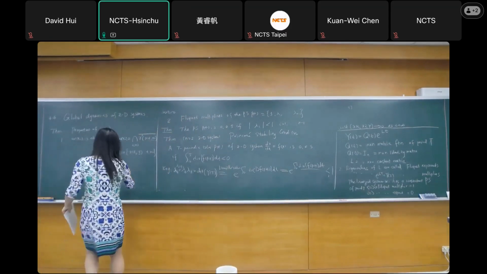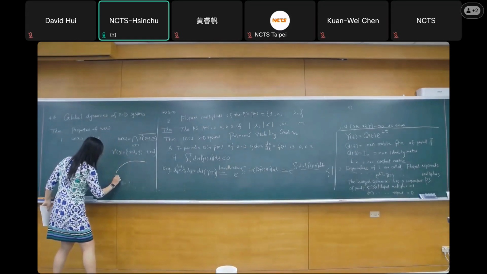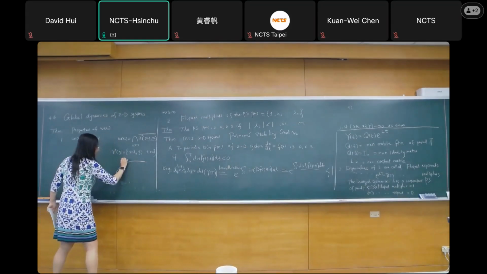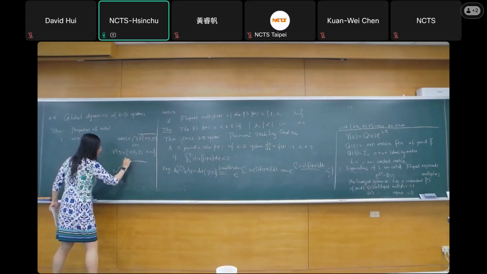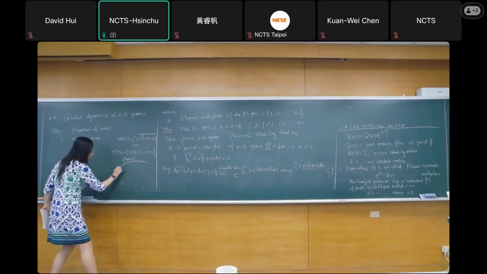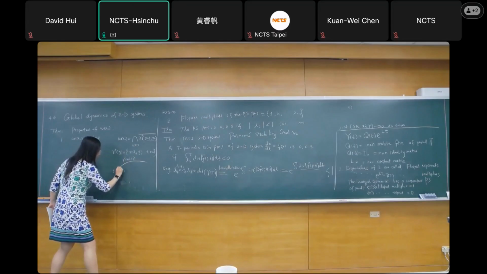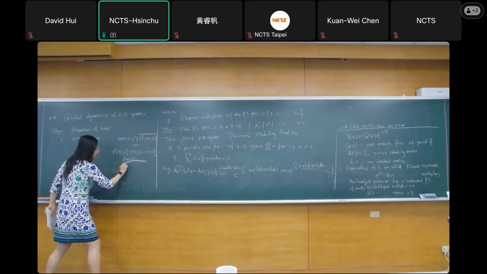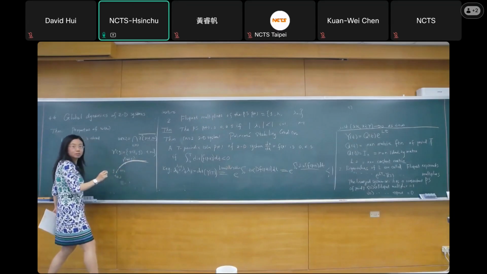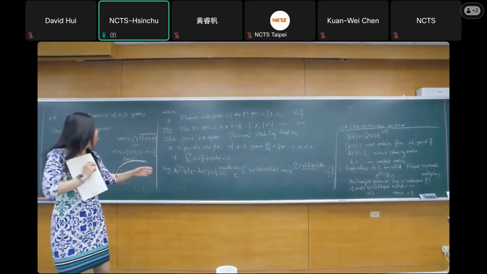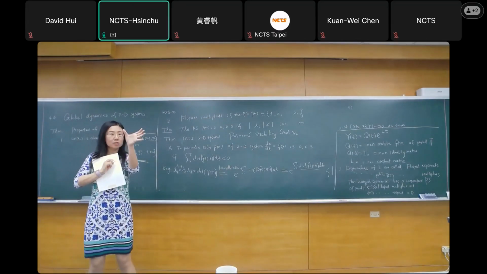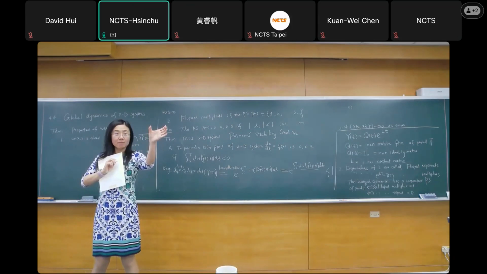What's the difference? Here is time at 0. Here is gamma plus, when you start at x0, y. But now when t equals 1, you start at this, and when t equals 2, you start at this. So when t is getting bigger, your forward trajectory is getting shorter, right?